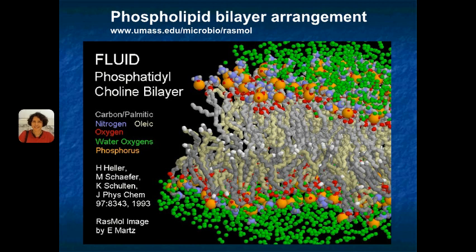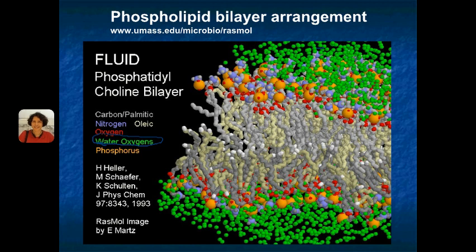The people who made this illustration labeled the oxygen atoms in water molecules in bright green. So all of these little green spheres represent water molecules.